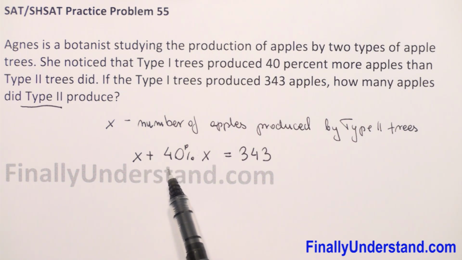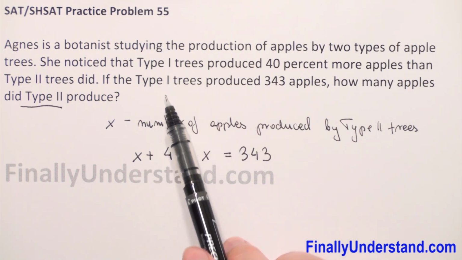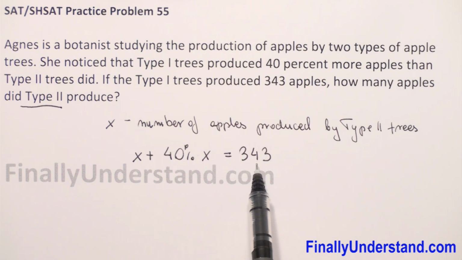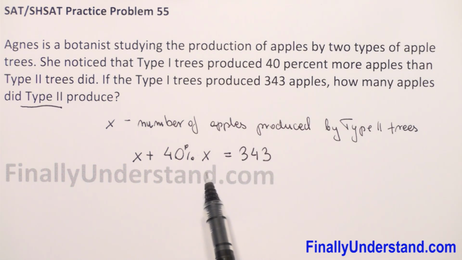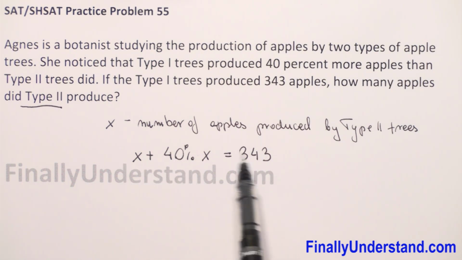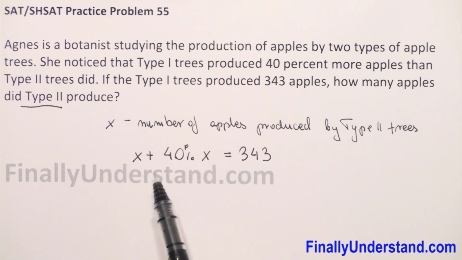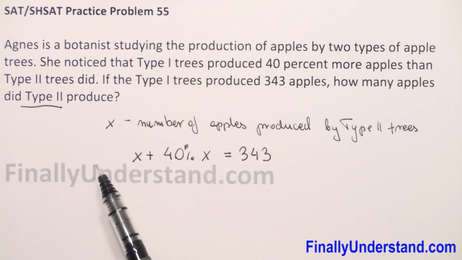What else? We are also given that type 1 produces 343 apples. So we got an equation with one unknown, and when we solve this equation for X, we will have how many apples type 2 produces.